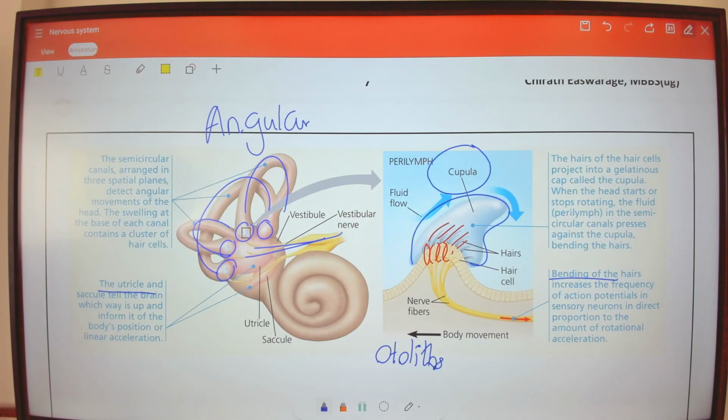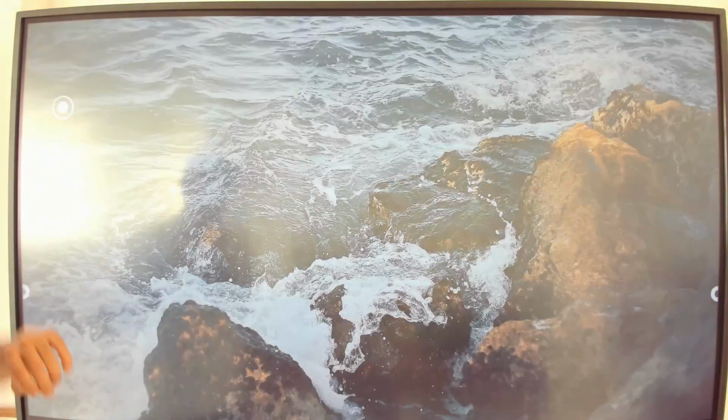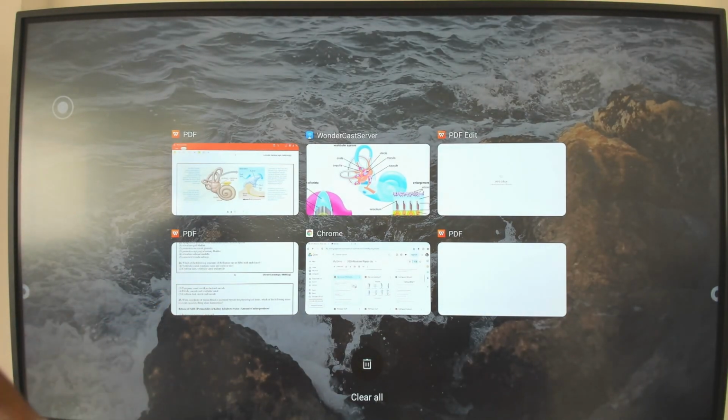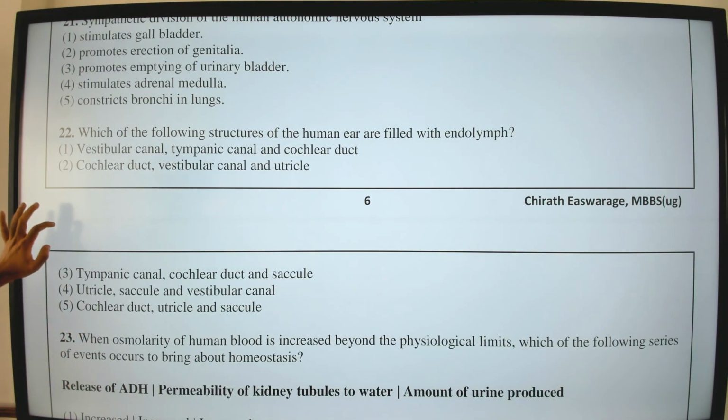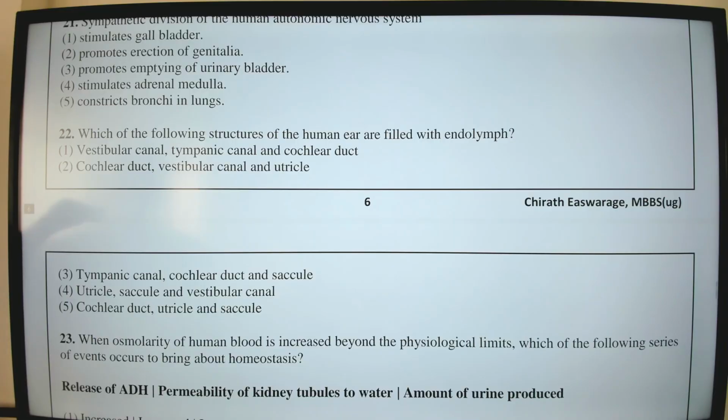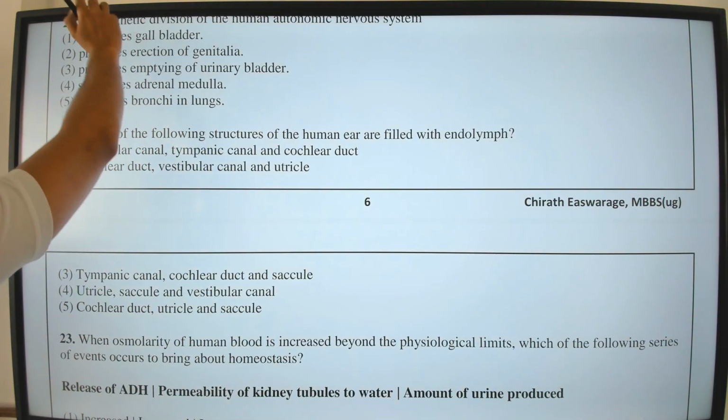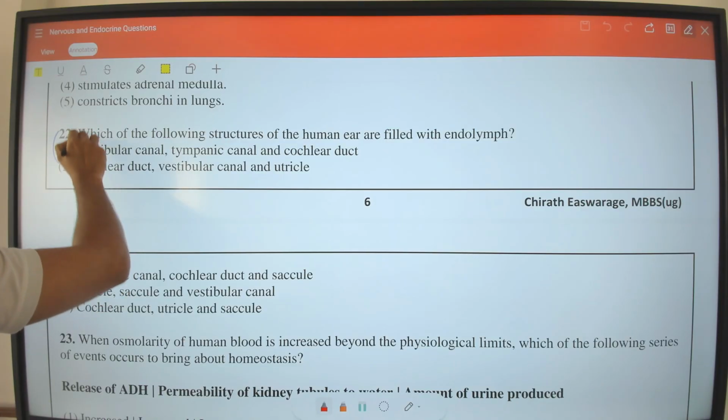Got it? Any questions? Let's quickly do some questions. Right? Let's quickly do some questions, and then I think the paper class people are already joined. Right? Make Kanban Taggala and send me the answer. Question number 22.